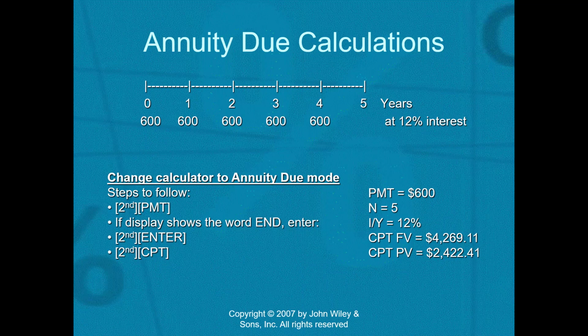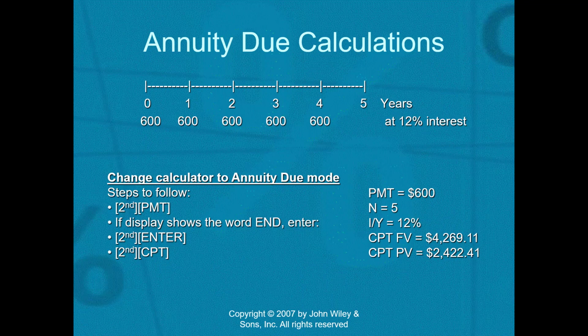Now if you look at your 5 zeros in your display screen, you will see above it the BGN initials. That means the calculator app is able to do annuity due calculations.